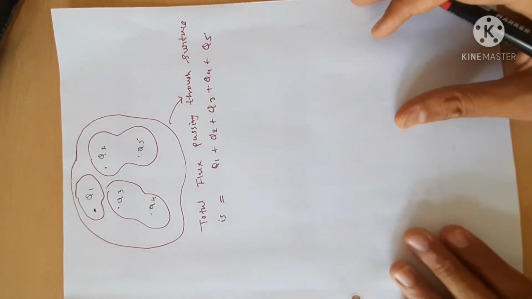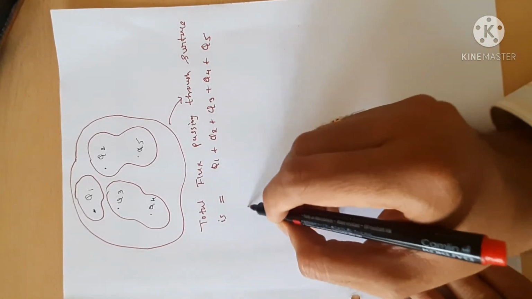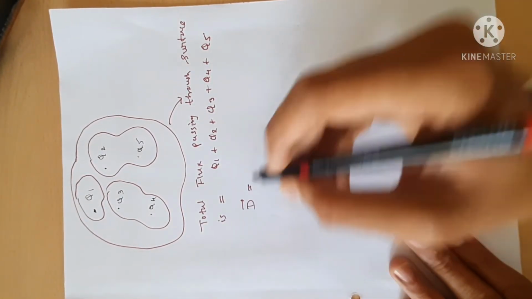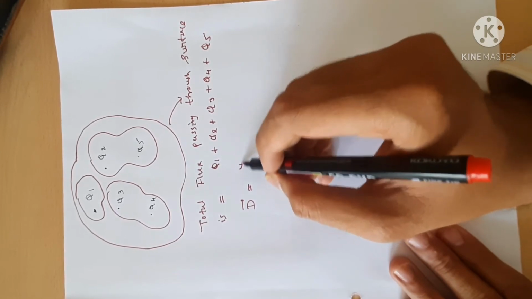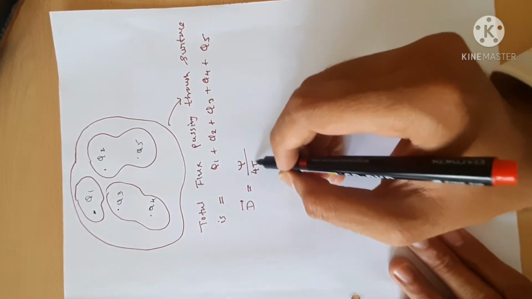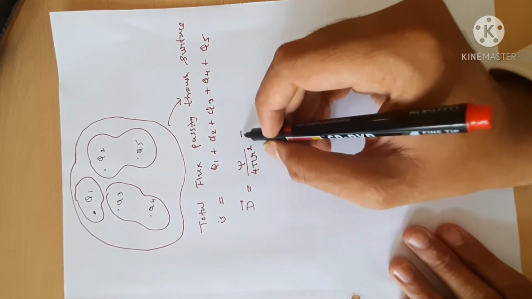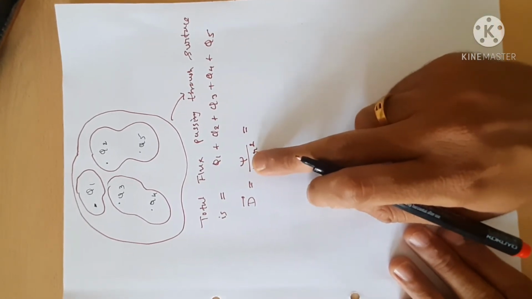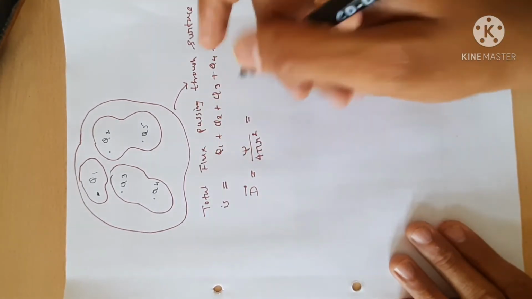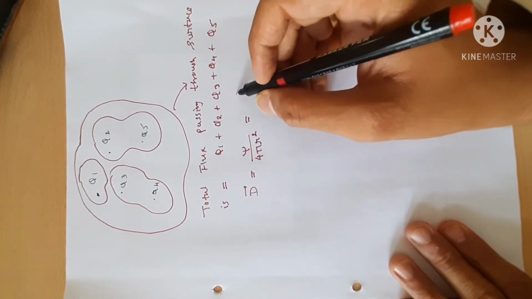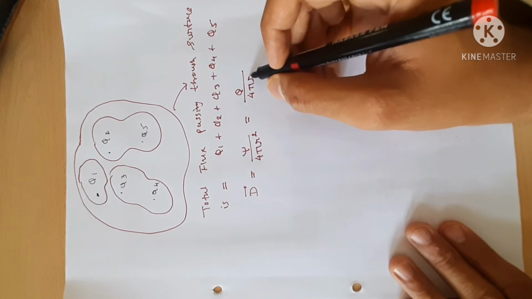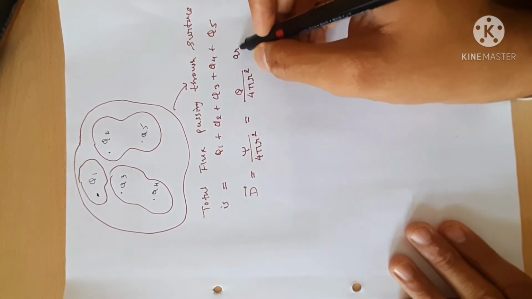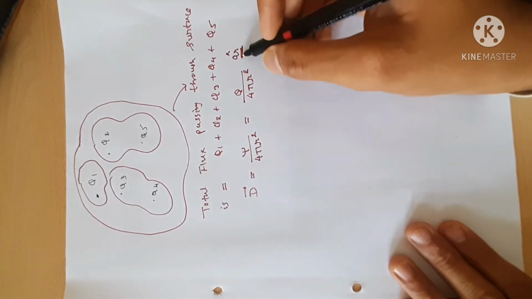As we saw earlier, D is equal to psi upon 4 pi r square. Now we have to represent this: psi is nothing but the total charge enclosed by the surface, so we may write Q upon 4 pi r square into AR unit vector. Why do I write the AR unit vector?